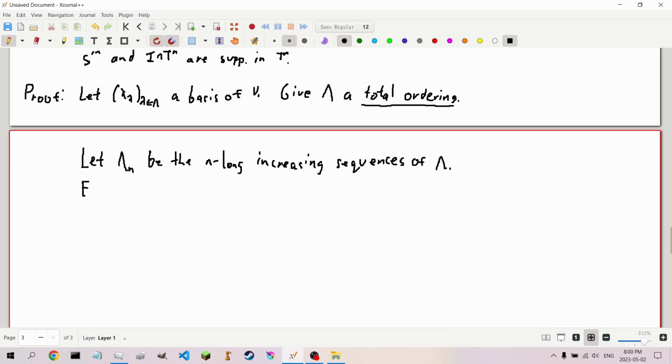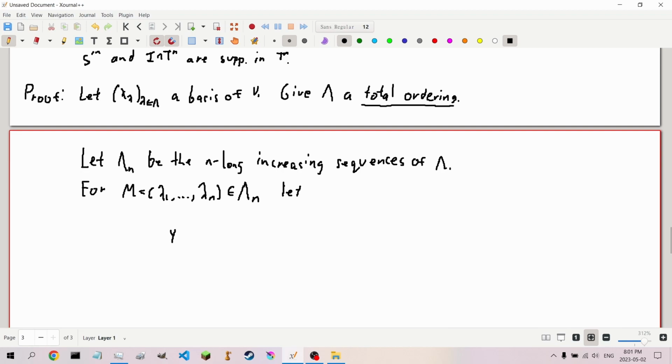Now, for such a sequence M of lambda 1 through lambda n, this is just some sequence in lambda n. It takes my brain a while to process these things.